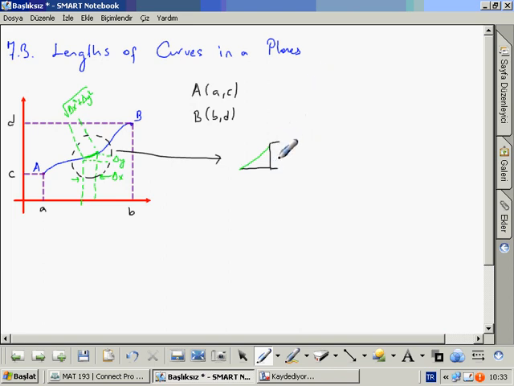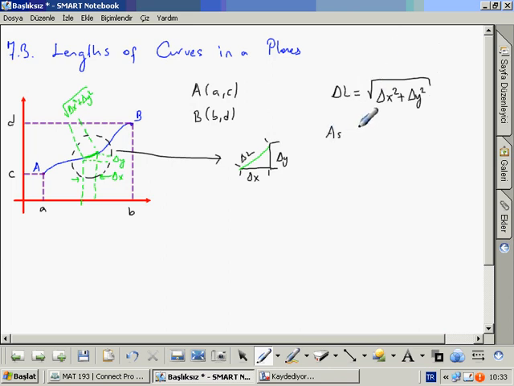This part is del y, and this part is del x, and this part is del L, which is the length of the curve, and del L equals the square root of del x squared plus del y squared.